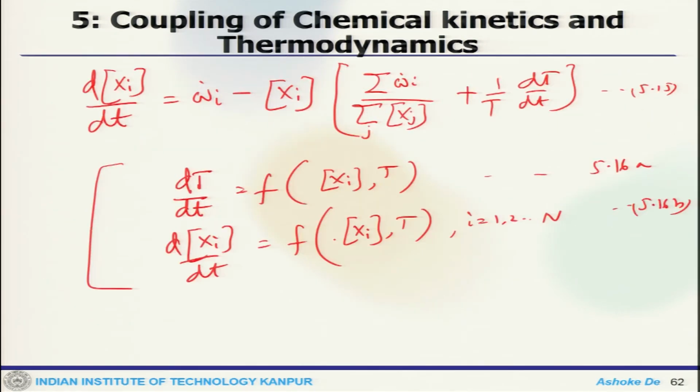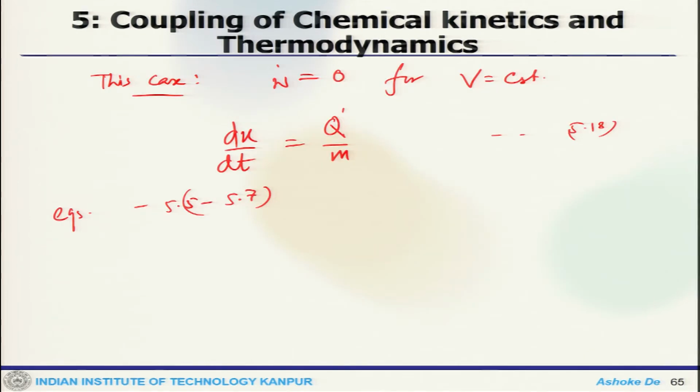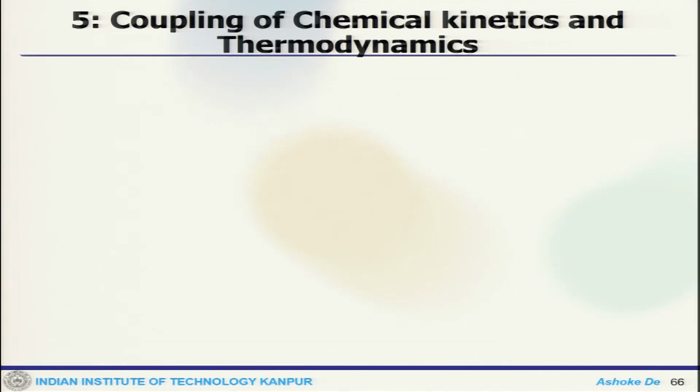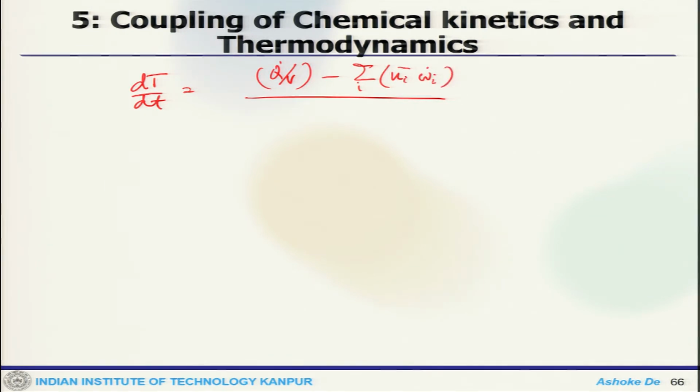All of these would be applicable and we can put them into this equation to get that my dT by dt would be q dot by V minus the summation of u I omega dot I, divided by the summation of x I C V I. So, that is my temperature equation.